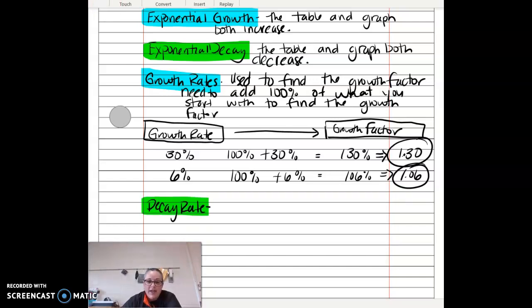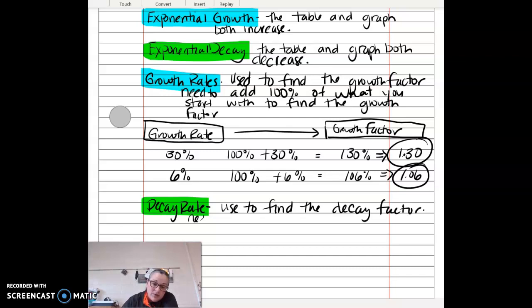So your decay rate is used to find the decay factor. This is where it was a little bit different, because in order to find your decay factor, you do need the 100% of what you started with. So it's similar to the growth rate, but in fact, you don't add the percent on, we take that percent away.